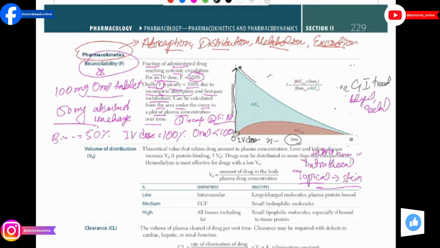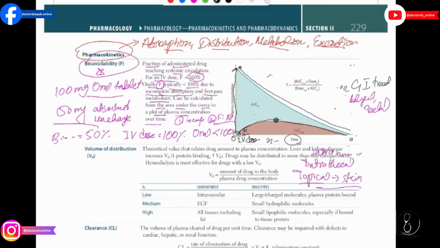With gradual time, the concentration will decrease. But for the oral, for example, at 1 o'clock you take 1 tablet, and it goes to the digestive system and GI tract and is absorbed slowly into your body, and it gives a peak point here, and then it will be excreted. Fine?